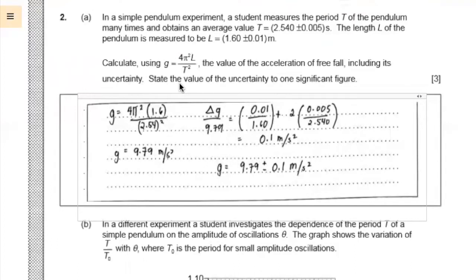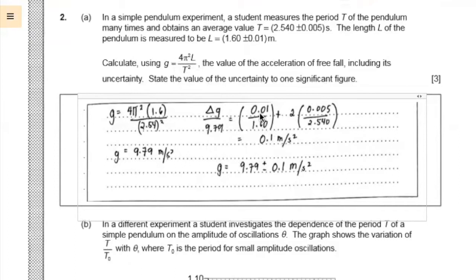So, how will we get the uncertainty here? We can use my formula here, or you can actually use the percentage uncertainty. Remember that you're getting g, the uncertainty of g, and you have L over T². You don't really care about the 4π² because they are constant and they don't have uncertainties.